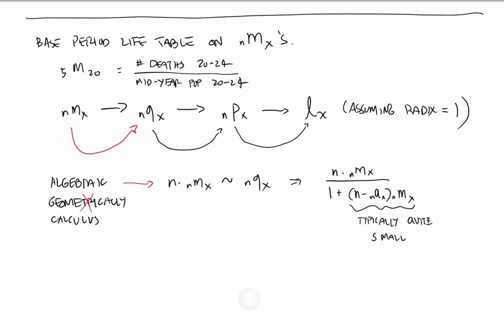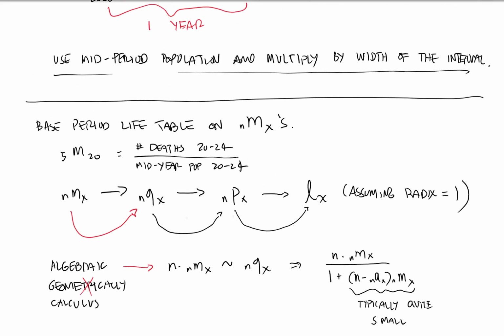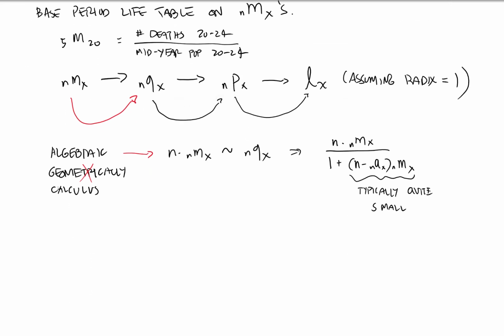There's another way to do this conversion from nmx to nqx, and that goes back to, I guess I put it on a different page. You may recall when we talked about the hazard rate, I came up with this complicated thing that looked like npx equals e to the minus the integral from 0 to x of mu of y dy.